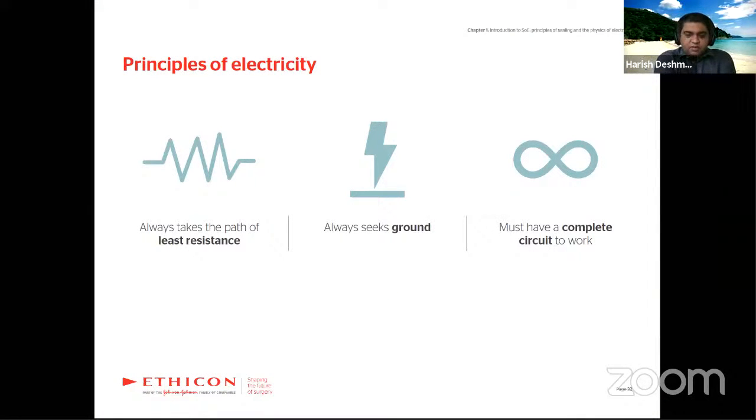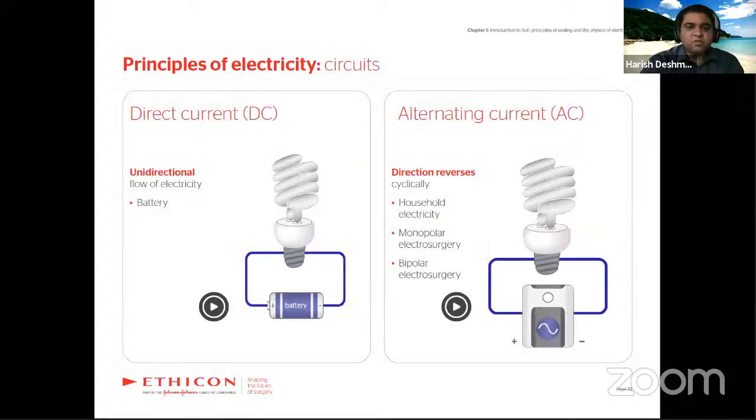On the principle of electricity, when we talk about any electricity modality, it always takes the least resistant path. It always seeks a ground and it requires a circuit to be completed. The circuit should start from plus and go to minus, basically anode and cathode, which we read somewhere in 10th standard, I guess. This continues; this is DC, direct current.